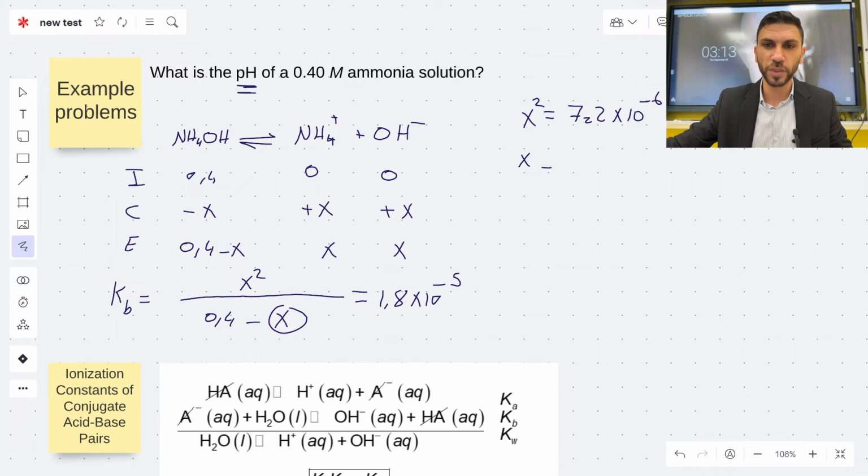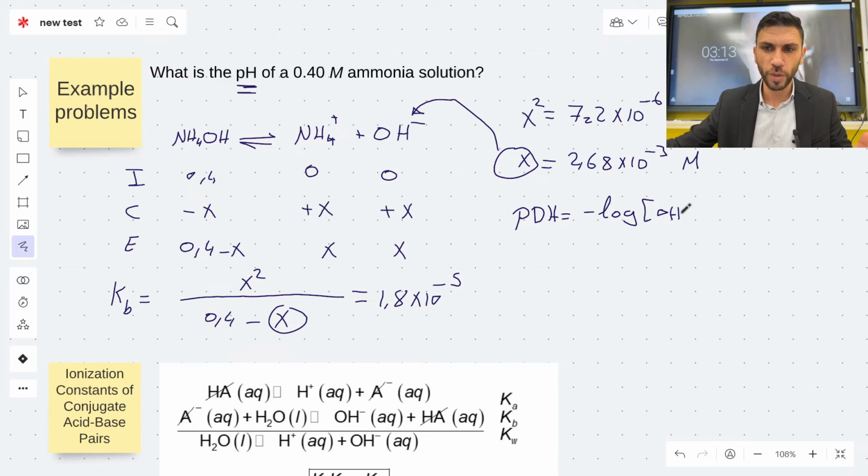That means x, we need to take the square root, which equals 2.68 times 10 to the power of negative 3 molar. This x represents the OH, not the H. So for pOH, we need to take the negative log for the concentration of OH negative.